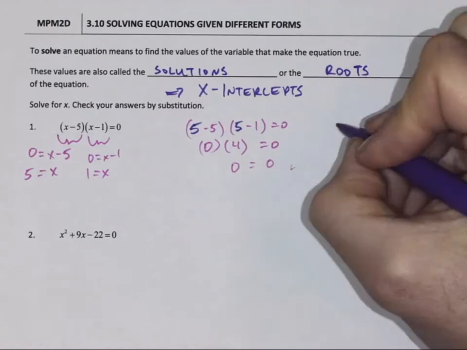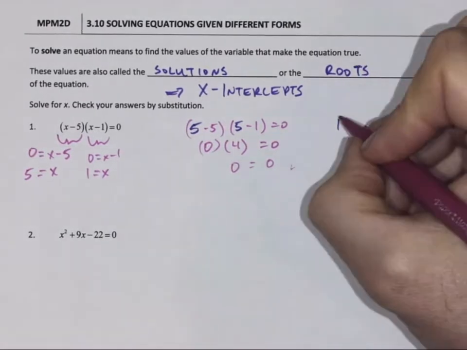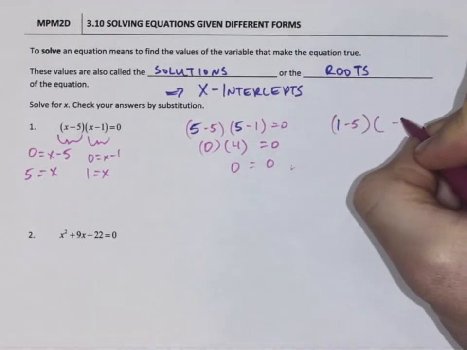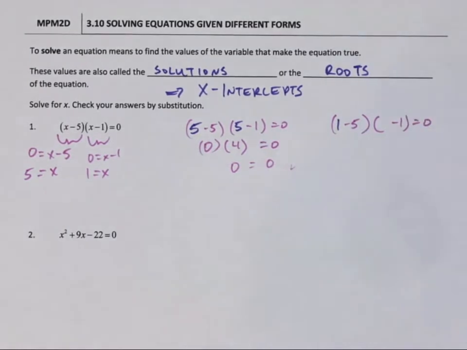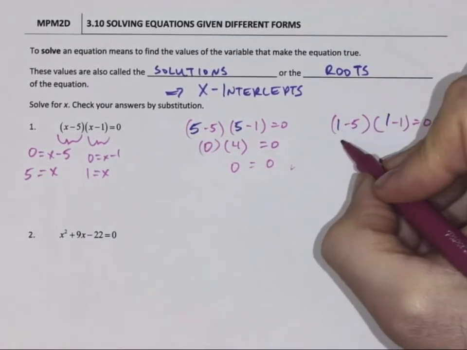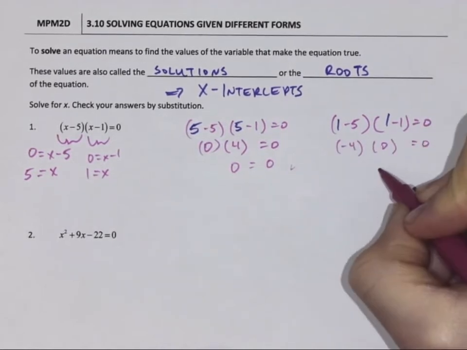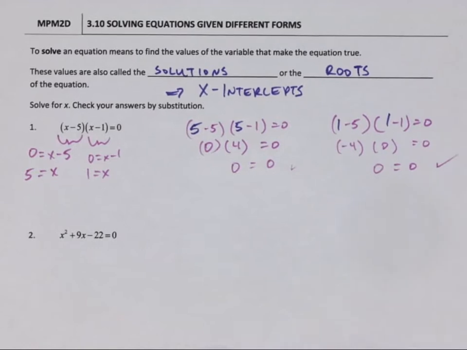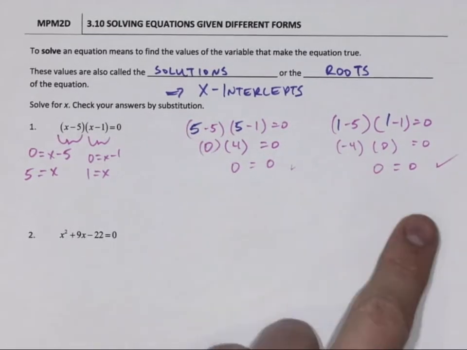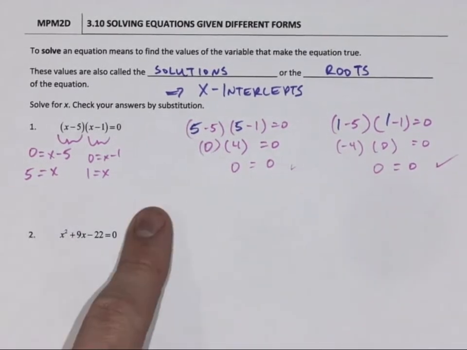When x is 1, 1 minus 5 is negative 4. 1 minus 1 is 0. 0 does in fact equal 0. The left side equals the right side in each case. So those are correct. Those are my solutions.